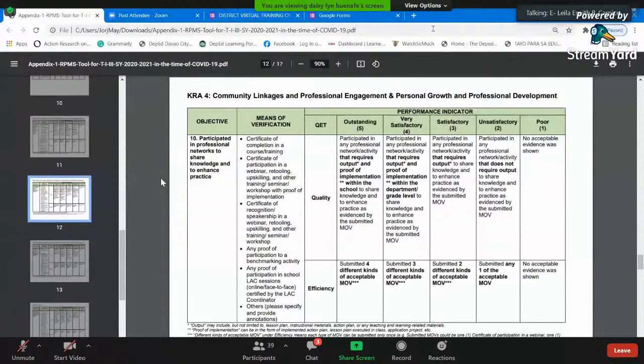Next, objective 11. We are still in the community linkages. Slide number 30: development plan based on the reflection of practice and ongoing professional development.